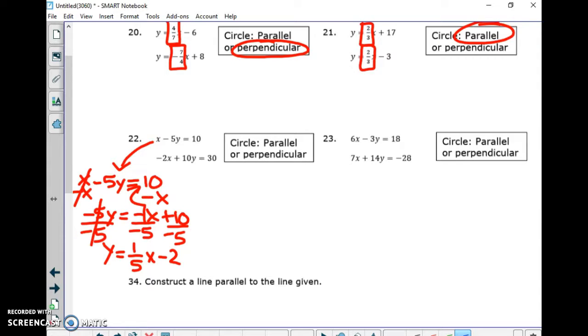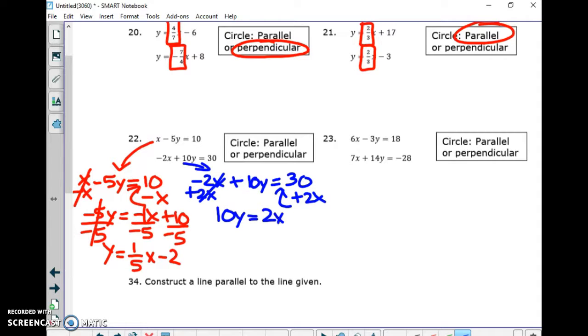Alright, and then we do the same thing with this one. Negative 2x plus 10y equals 30. I get rid of my x term by adding 2x, putting it in front. Bring down 10y equals 2x plus 30.